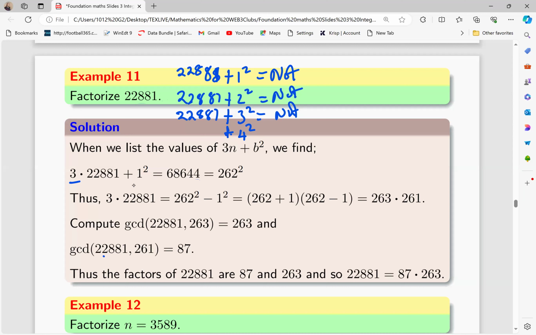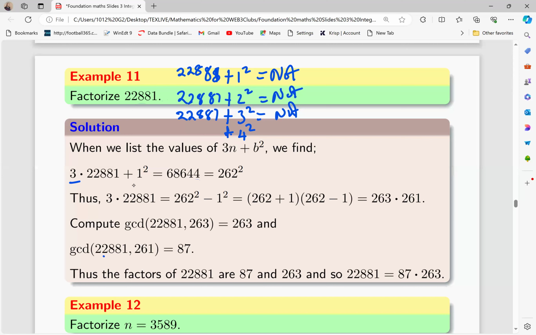So you can see we've already reached 6 steps. What about plus 7 square? It's not a perfect square. Just using my calculator. What about plus 8? It's not a perfect square because it's giving me 151.5. What about plus 9 square?